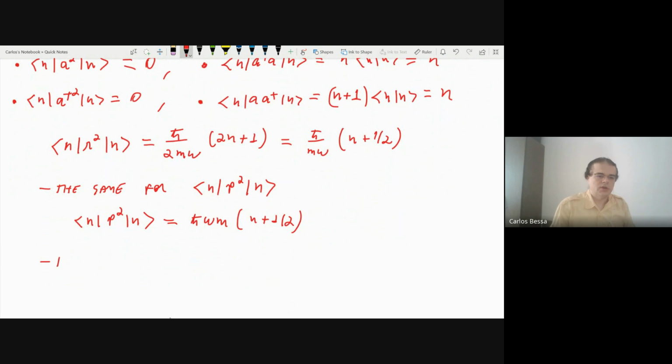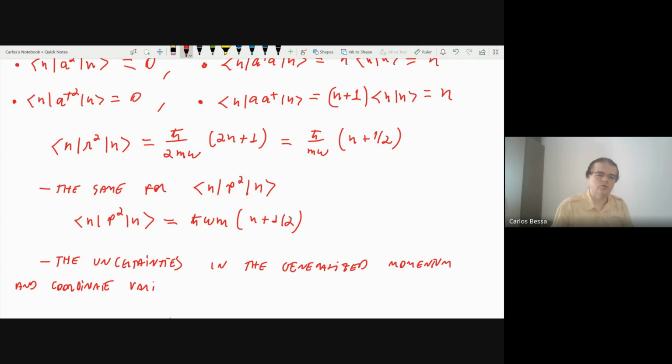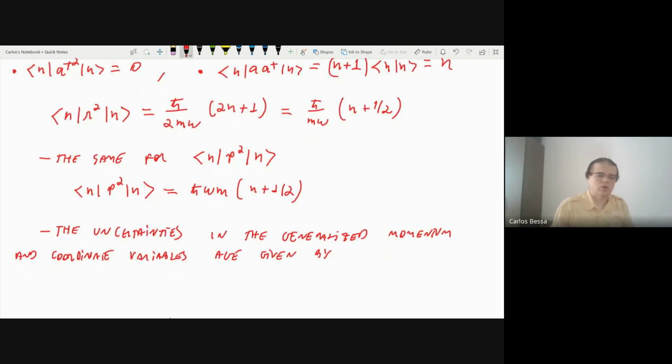So the uncertainties in the generalized momentum and coordinate variables are given by the following.